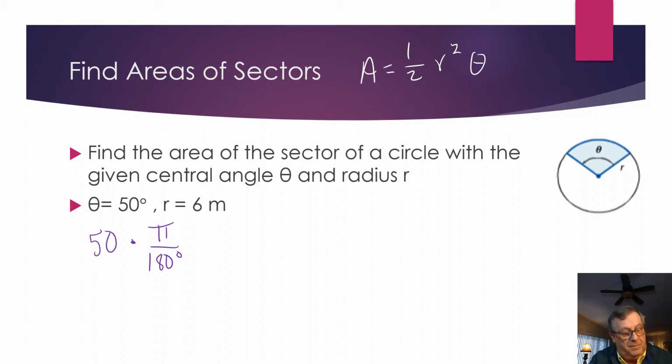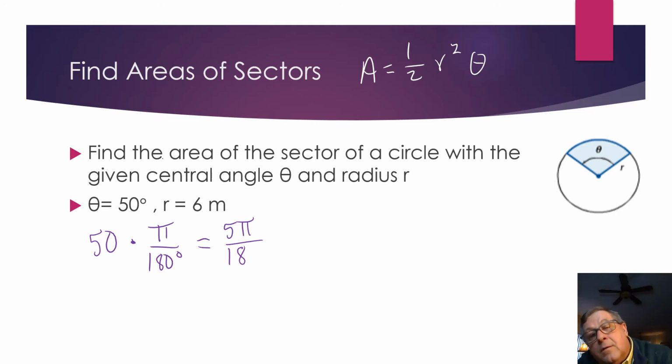Let's just do 50 over 180. What does that reduce to? The fraction 5 over 18. Okay. So that equals 5 pi over 18 in radians.